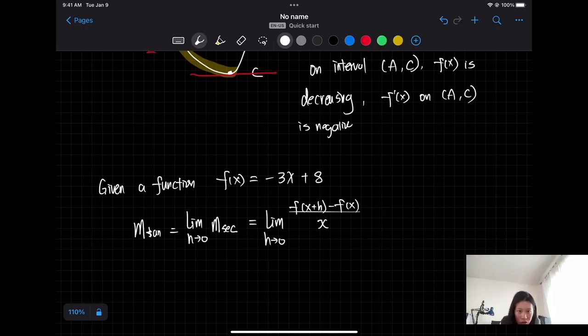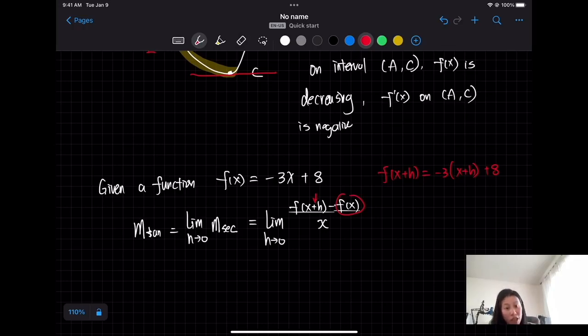That is by definition. All right, so now f(x) equals negative 3x plus 8. We already have that, and we still need to find f of x plus h. So f of x plus h equals negative 3 times x plus h, plus 8.